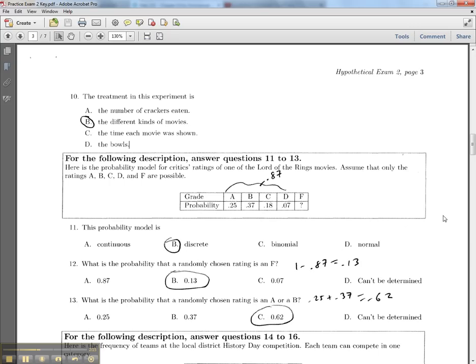Number 12 says, what is the probability that a randomly chosen rating is an F? So check this out. This entire probability should all equal 1.